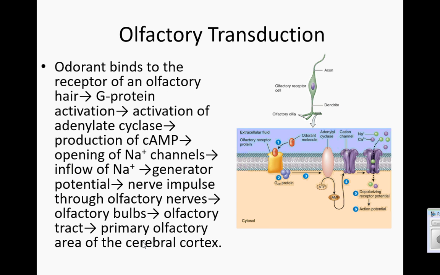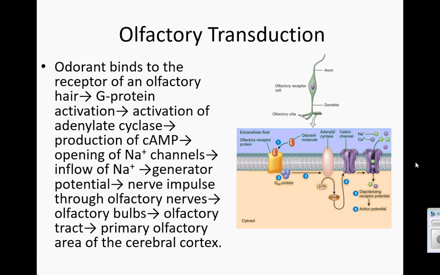Now, in order for this to all occur, we have to first stimulate those olfactory receptors. And that means we have to bind odorant to the olfactory hairs. What we are doing in the figure here on the right is zooming in at one little segment of our olfactory hair. Here's the plasma membrane, and it's loaded with various proteins.